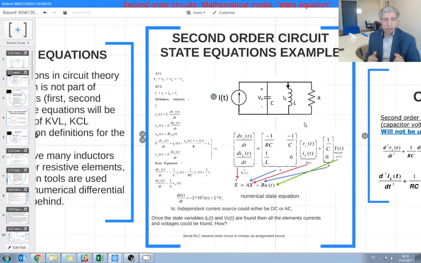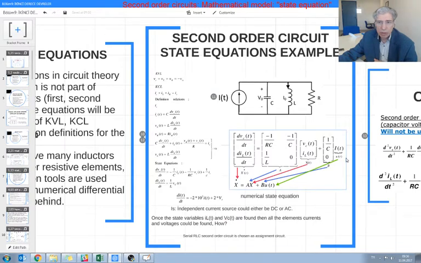As we said already, since this is second order, we are going to find a differential equation in this format. As we said before, the state variables are the inductor current and capacitor voltage. These are the state variables, and here is the derivative of the state variables.